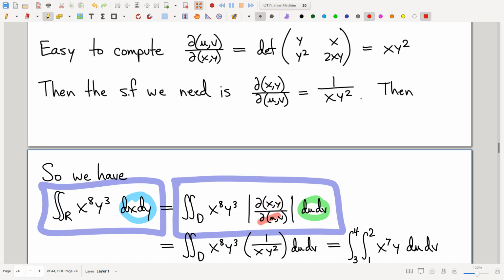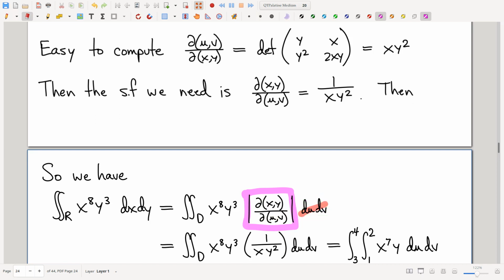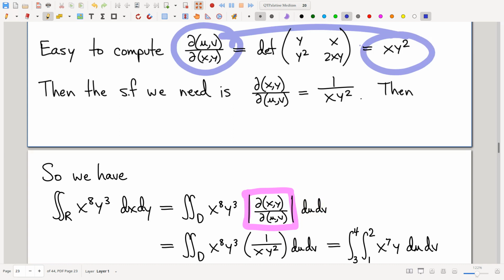Pretend like those are going to cancel. Pretend like that's going to tell you what it turns into, and that just tells you which way you need this to go. Apparently, I need partial xy, partial uv. That's what I need to compute to make the pieces fit together. Yet what I computed over here, this xy squared, is the reciprocal of that.